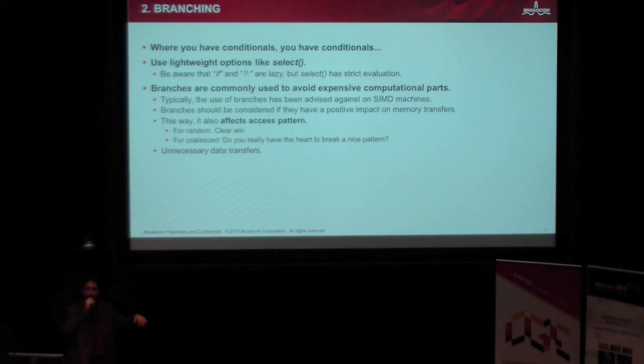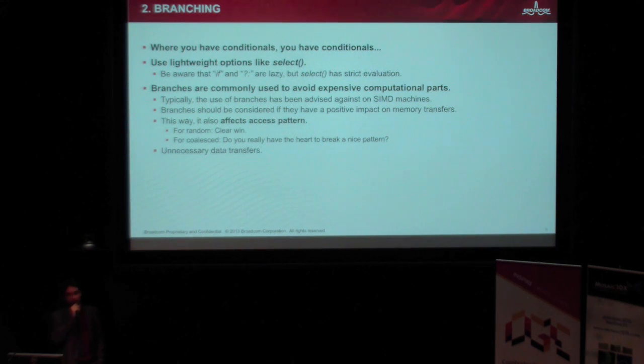If you have random access to the memory, and you can avoid it by introducing some additional branching, the cost of the branching is much less than the cost of the data transfer you want to avoid. So it can be a clear win if you can reduce the cache line accesses this way.